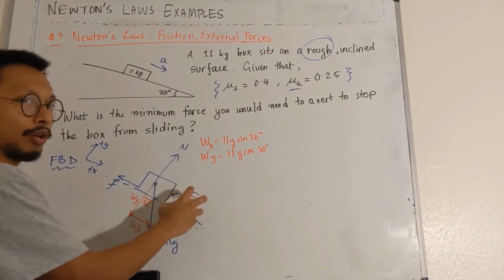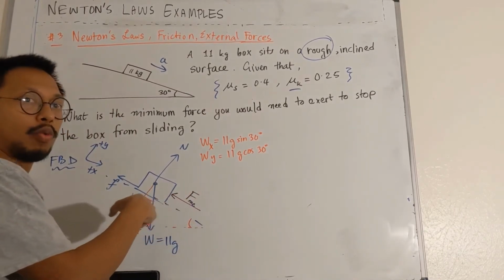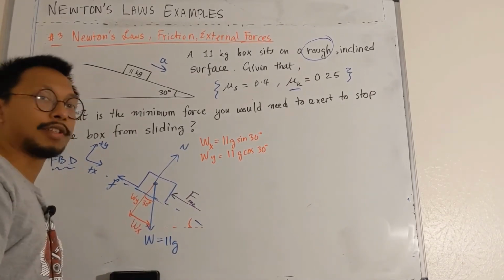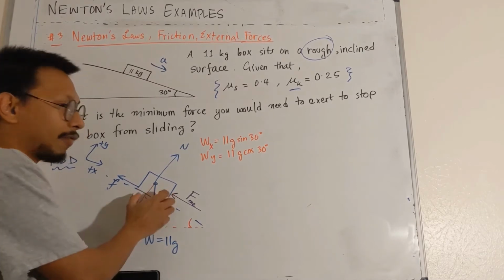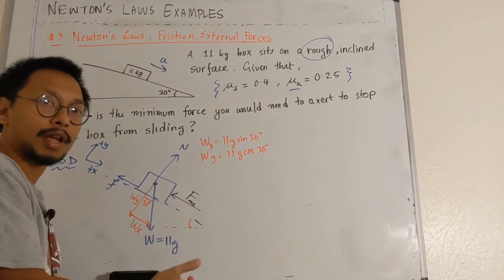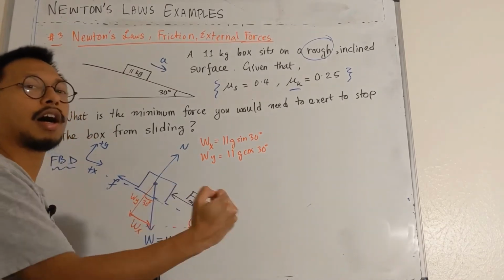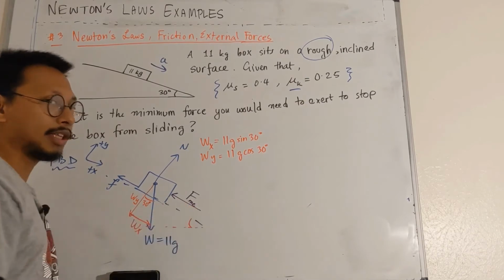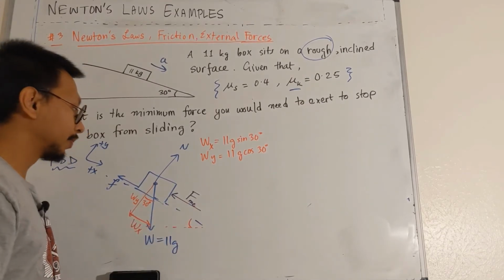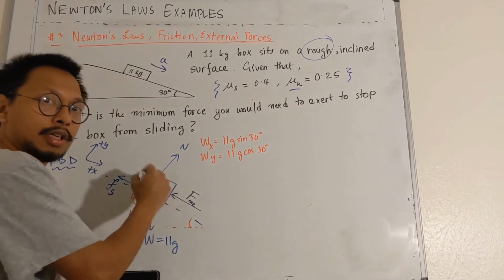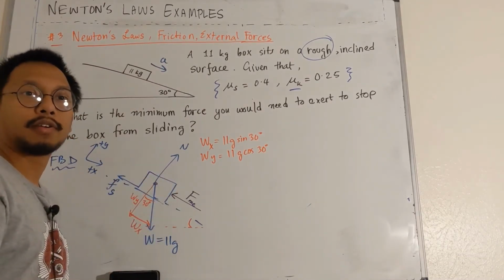Hence, the minimum force would be when the friction is already at its maximum. The friction already is high enough to stop it from moving just about. But then just to stop it from sliding, you have to exert a small amount of force to keep it there. That is what will give me my minimum force. Hence, this is static friction because the box is prevented from sliding.